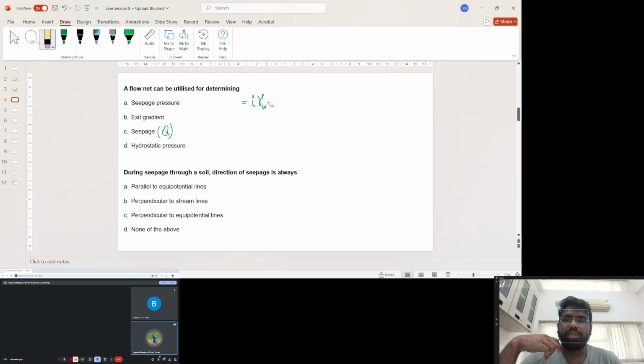For that you need delta H by L, which is i. Each delta H will depend upon the number of flow channels and number of equipotential drops. So that's why flow net will be useful for determining the seepage pressure.